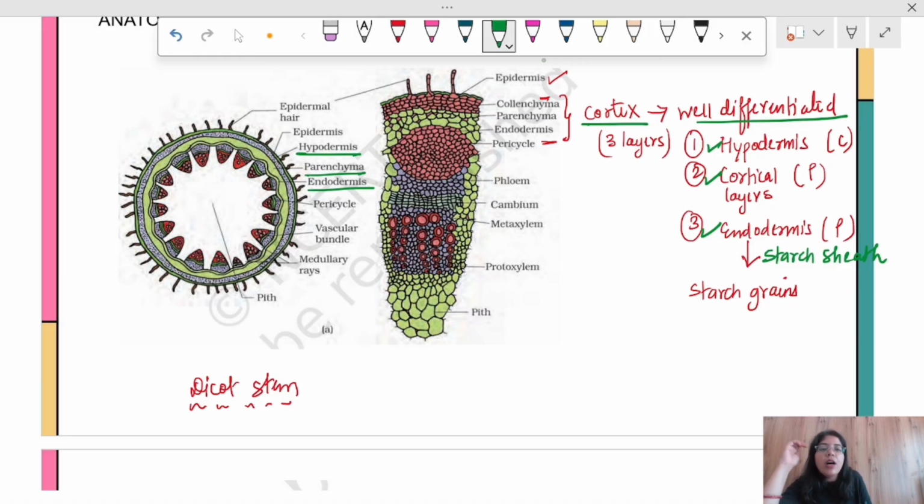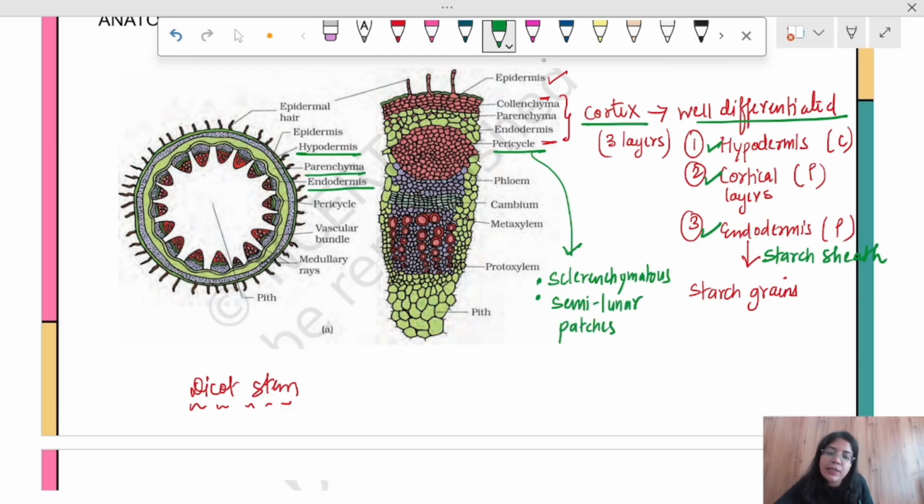Along with that, what type of simple tissue is making each layer, you also have to remember. After that, you have pericycle. Pericycle is very important because here it is sclerenchymatous, dead, and it is present as semilunar patches, above phloem and below endodermis.